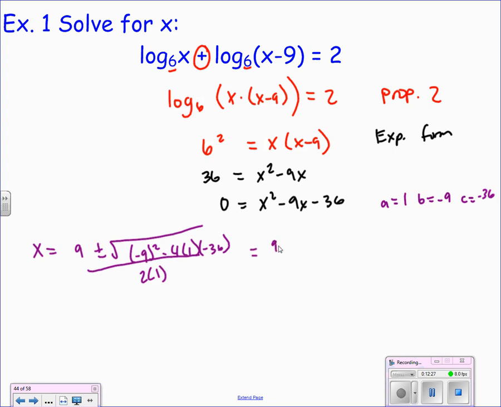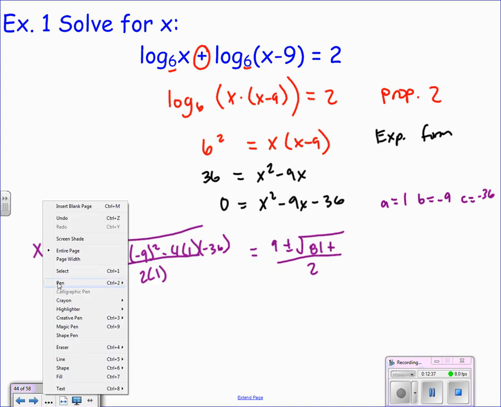So that's 9 plus or minus the square root of 81 plus 36 times 4 over 2. So I need to know what 36 times 4 is.